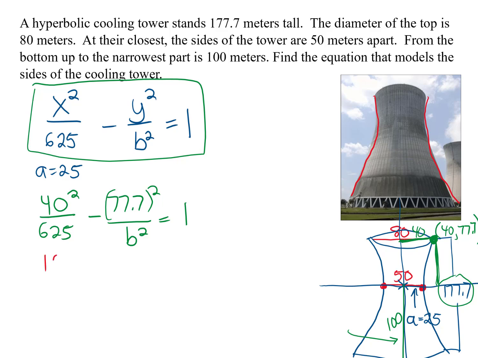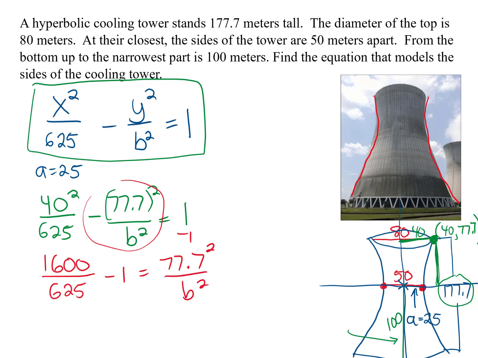First, I'm going to square that 40, 1600 over 625. I'm going to move this 1 over so I can combine it, and I'm going to move this term over to the other side. So it's going to be 77.7 squared over b squared. Because it had the variable, I moved it over to the right, and it's now positive. Okay, so we can combine these.